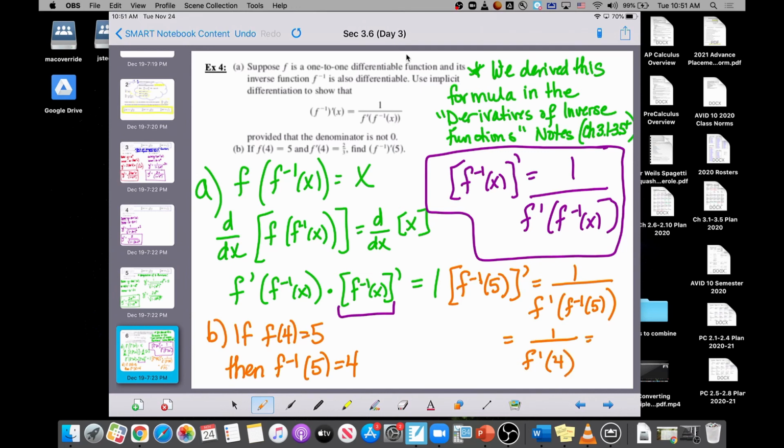And they told us that f prime of 4 is 2/3. So this is 1 over 2/3. And 1 divided by 2/3, keep switch flip, gives me an answer of 3/2. So the derivative of f inverse of 5 is equal to 3/2.